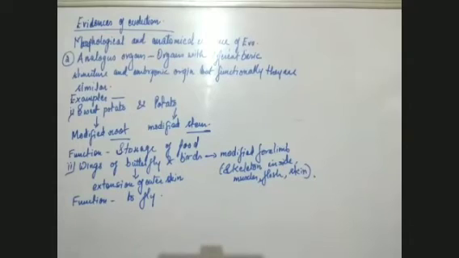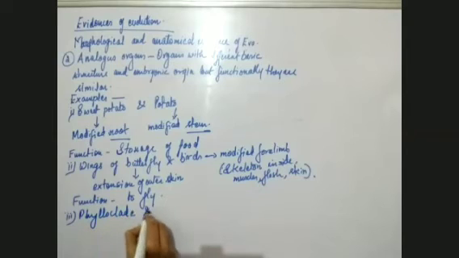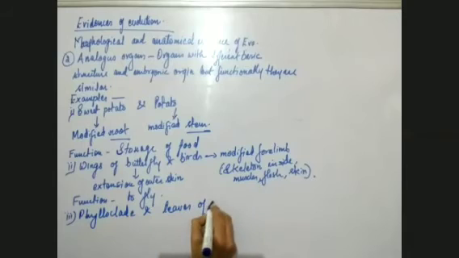Another example of this is phylloclade and leaves of opuntia. So the third example is phylloclade and leaves of opuntia. Phylloclade is rather a stem.